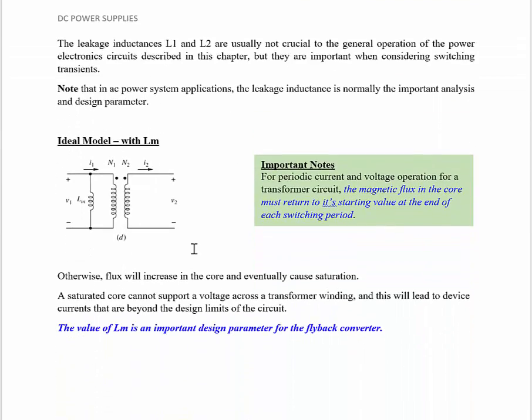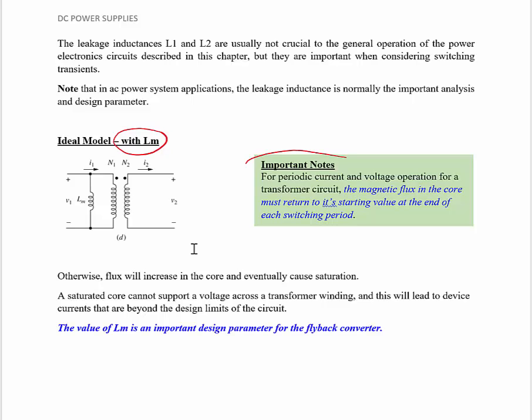So, as a follow-up to that, we have over here an ideal model with the Lm. And what is the Lm? The Lm here is the magnetizing inductance of the transformer, which we are keeping for the analysis, especially when we are dealing with the flyback converter.